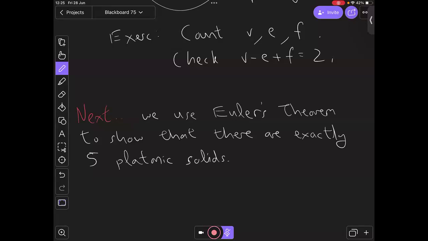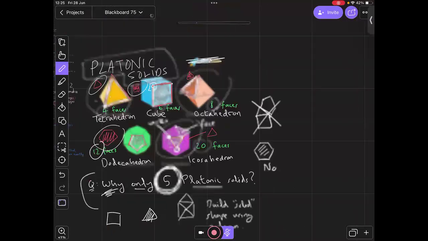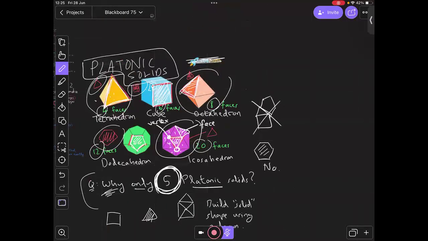Do you understand what I'm going to do? I'm not asking you to explain how I do it yet, but do you understand what my plan is? Yeah, we do. Remember the original problem back up here. We want to show that there are exactly five of these, 1, 2, 3, 4, 5, and that there cannot be any more. So we're going to try and use Euler's theorem to do that.